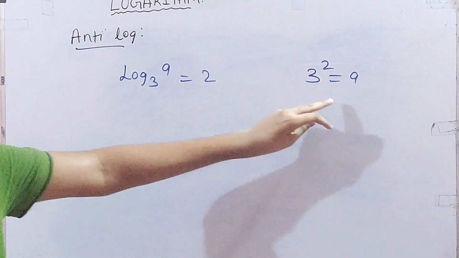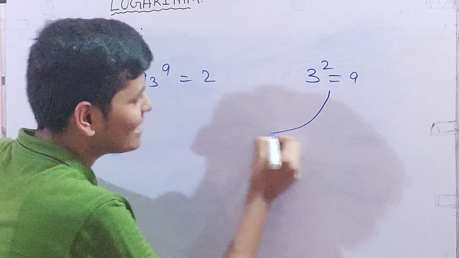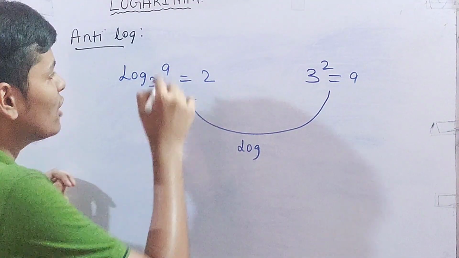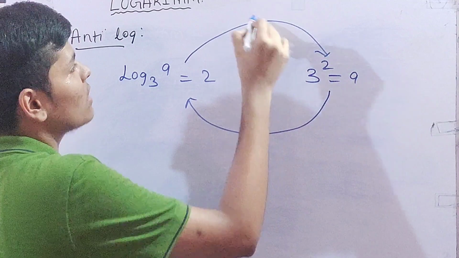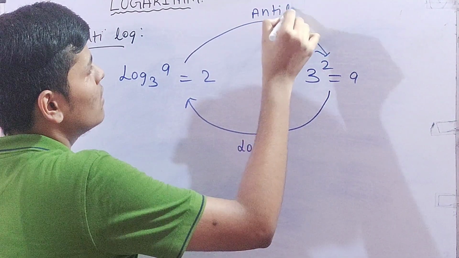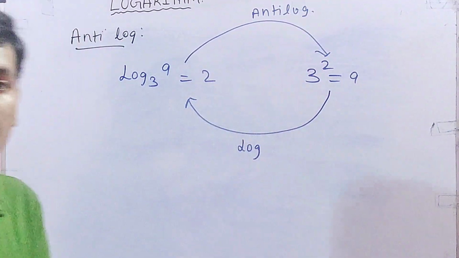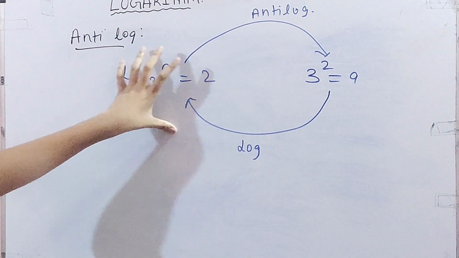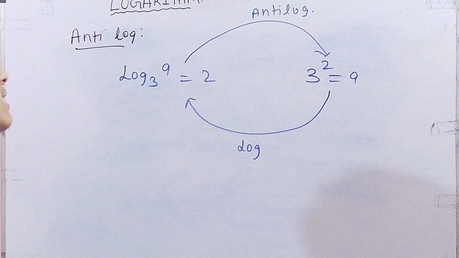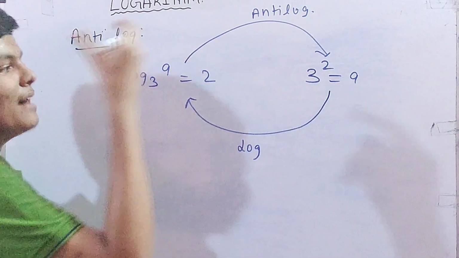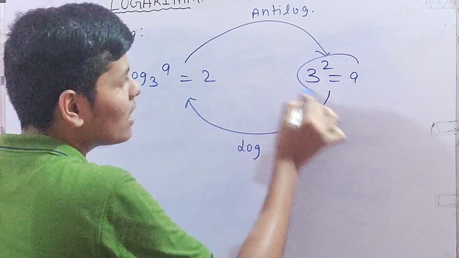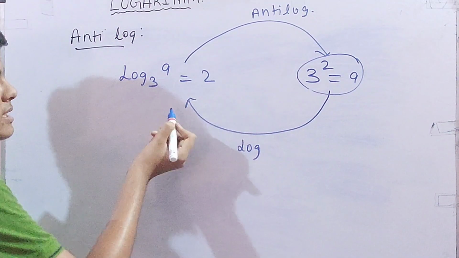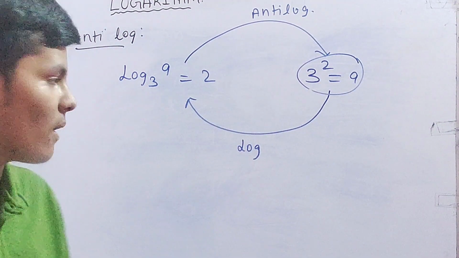Now representation of an exponent in the terms of logarithm is called log, and representation of a logarithm in the terms of exponent is called as anti-log. So what did we do? We removed the log term. Now we are able to represent the logarithm terms in the form of exponential terms. This process is called as anti-log. And when we have to convert the exponential values into the logarithmic values, then that is called as log.